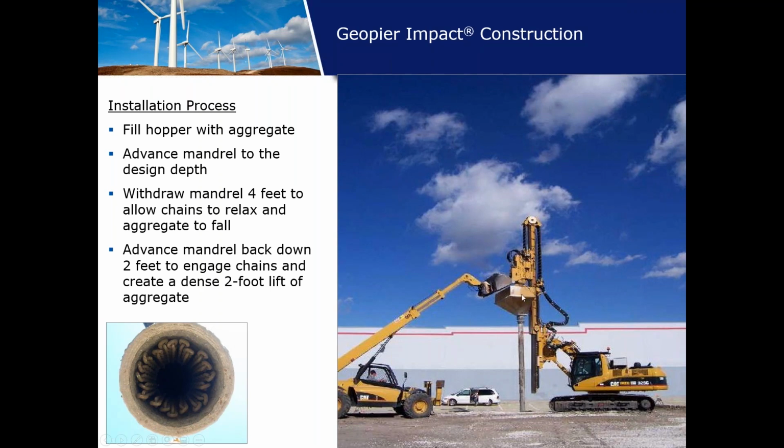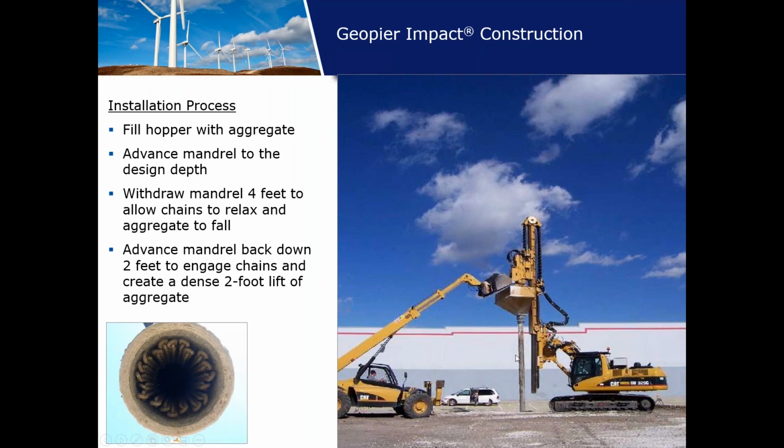So you advance the mandrel to the design depth, and then you withdraw the mandrel several feet, 4 feet. When you withdraw that mandrel, those chains go lax, and they look like they look in this picture. That allows the aggregate to flow through the mandrel and into the hole, so we have material from which to build the aggregate pier. We then advance the mandrel back down 2 feet, and as we advance that mandrel back down, these chains re-bunch up and re-engage and create a compaction surface from which we can build our piers.